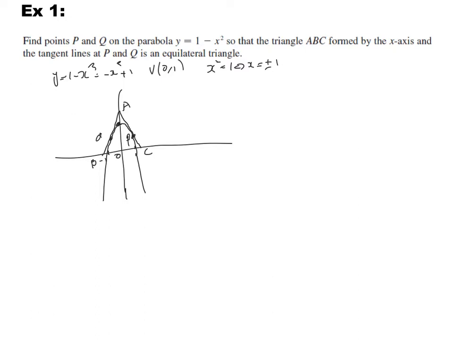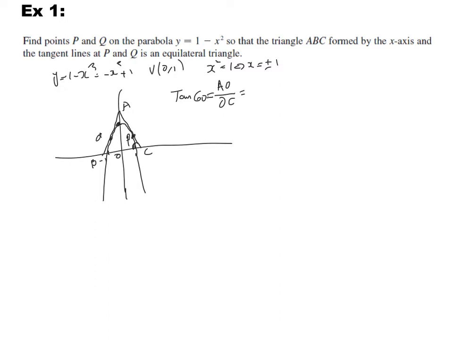First of all, we know that the triangle is equilateral, so all these interior angles have to be 60. So this angle is 60. So from here I can say that the tangent of angle 60 is equal to AO over OC.